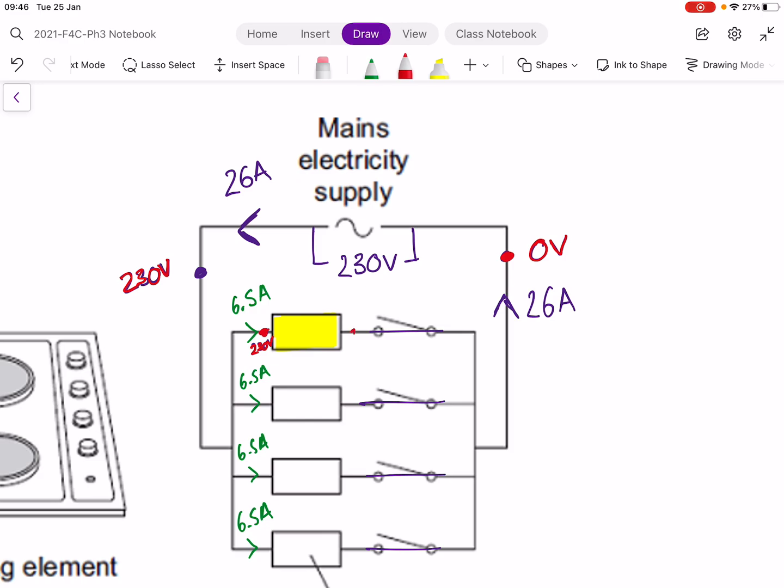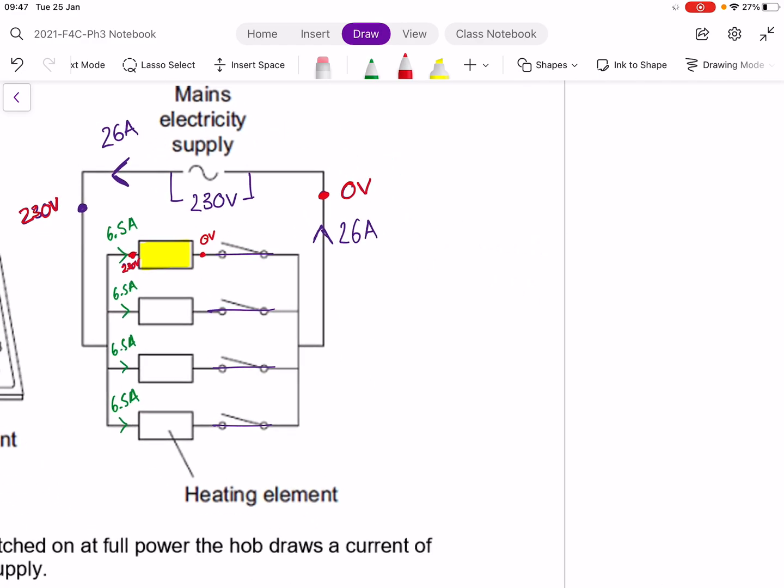Well, that means that on the other side of the resistor, it's 0 volts here as well. So I'm going to draw my own little sketch of this now. If I have one resistor, flowing into it is 6.5 amps, and the voltage across it is 230 volts.